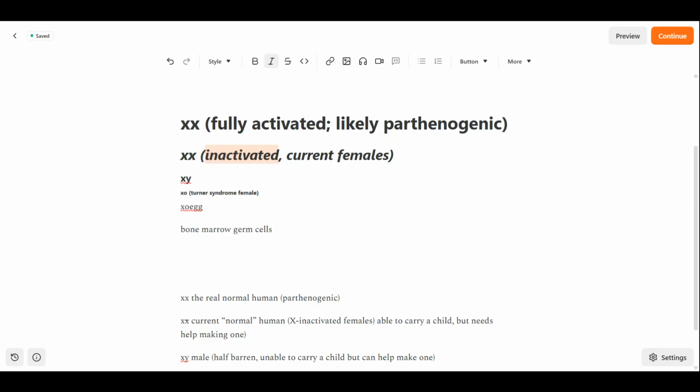Let me tell you something. Before I realized that parthenogenesis was our default, I did not know this. I only realized this a few days ago.